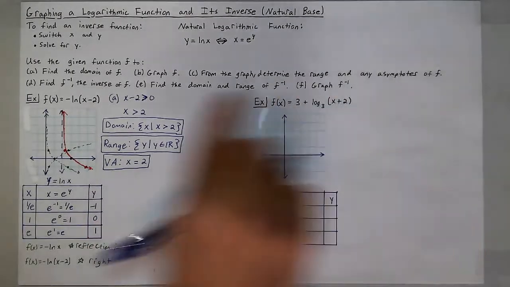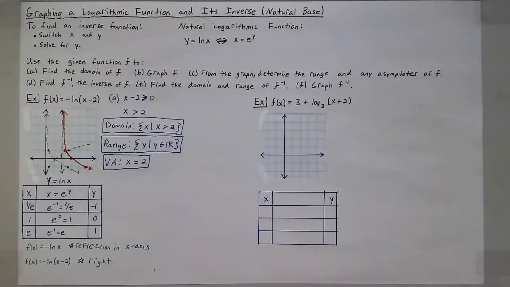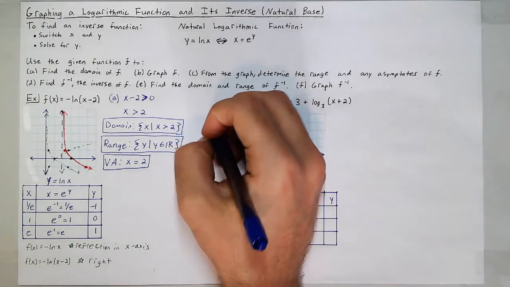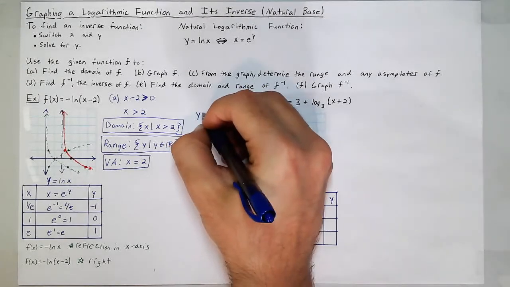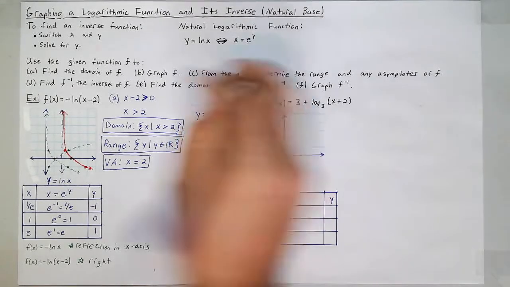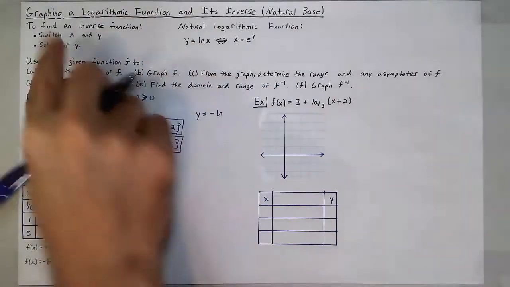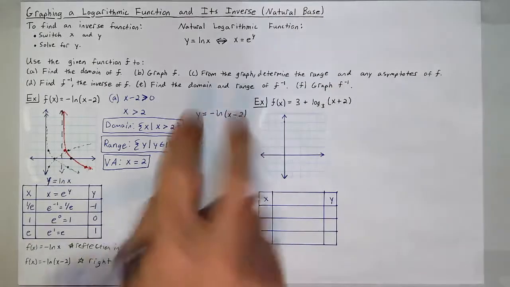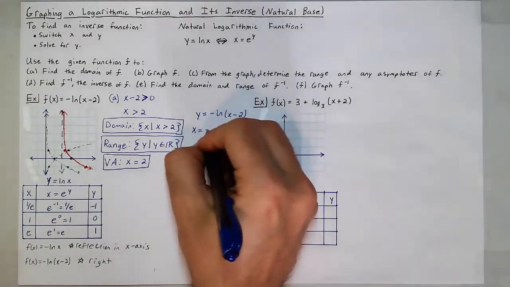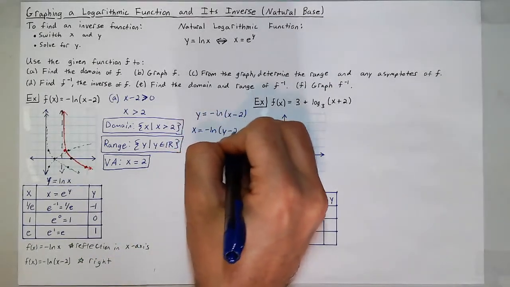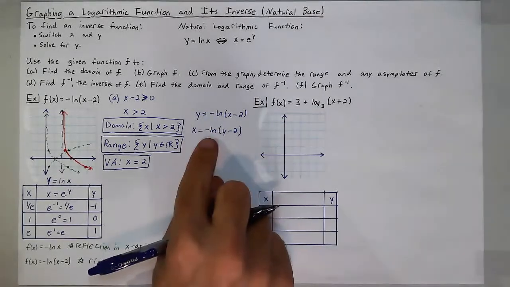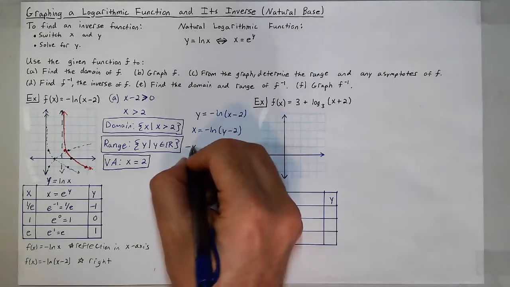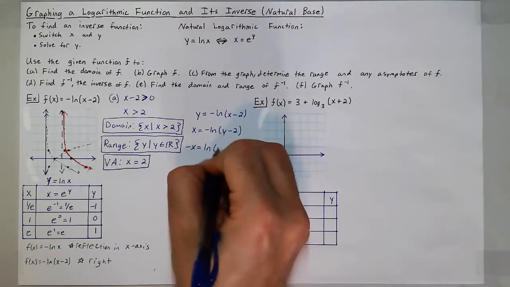Now I will go on to find the inverse of this function. The best way to find an inverse is to replace f of x with y, and then just switch x and y and then solve for y. So we'll switch the places of x and y, and it gives me x is equal to negative natural log of y minus 2. Now solving for y, I need to first divide by negative 1, so I'll have negative x is equal to natural log of y minus 2.